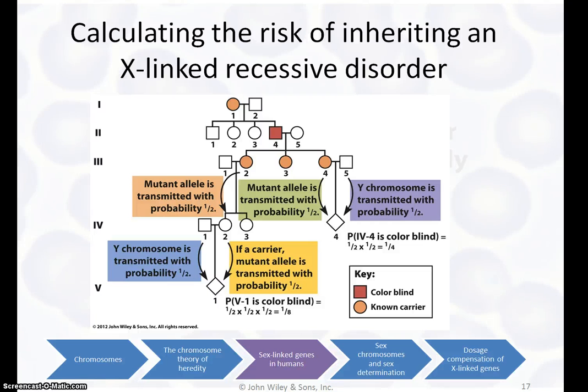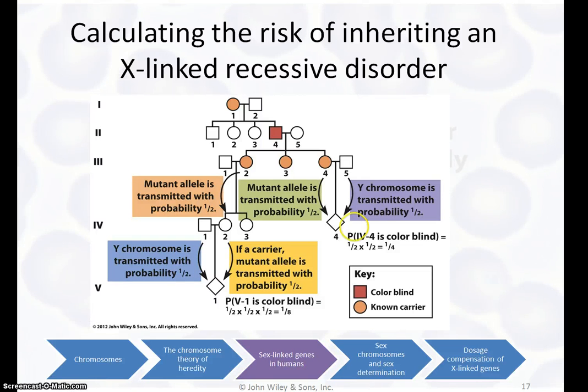How can they calculate the risk that their offspring will inherit this condition? Well, what we're looking at here is the risk of this child, individual number 1 here, in generation 5, or the risk of this child, individual 4, in generation 4. What is the risk that they will inherit color blindness?